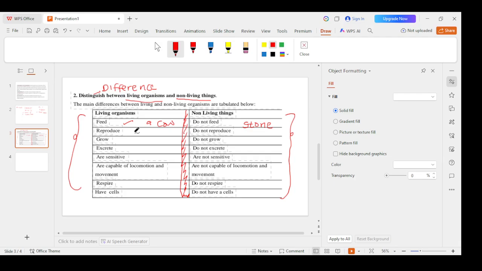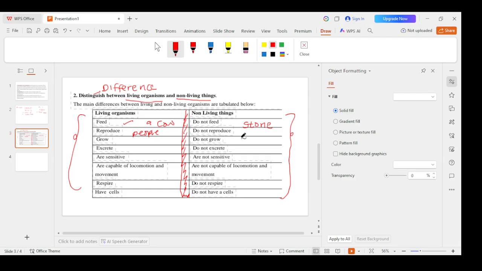For animals, the type of reproduction is called sexual. For plants, it is called asexual reproduction. Here we can talk about people: they reproduce. Then stones do not reproduce.